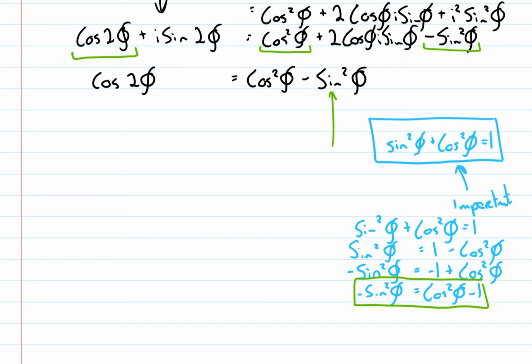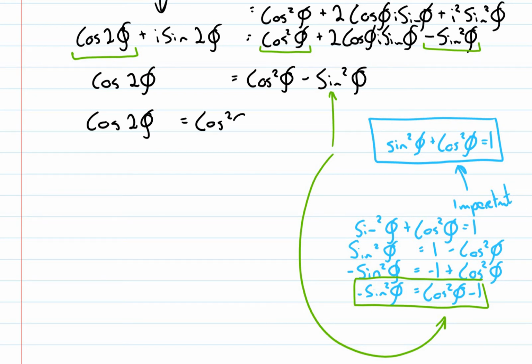So I'm going to substitute in minus sine squared theta with that. Here we go, we'll write it out again. Cos 2 theta equals cos squared theta, which I get from here, and instead of writing in the minus sine squared theta, I will write plus cos squared theta minus 1.